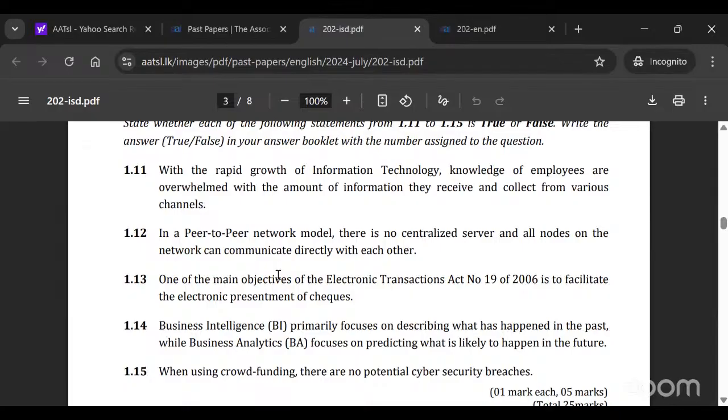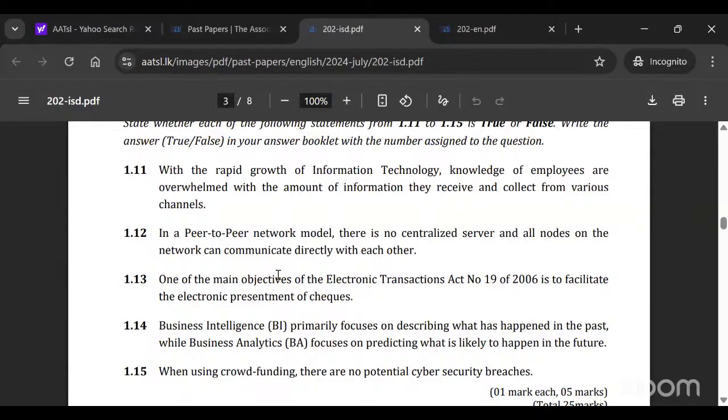114: Business intelligence, BI, primarily focuses on describing what has happened in the past, while business analytics, BA, focuses on predicting what is likely to happen in the future. Yes, business intelligence normally collects existing data, meaning what we have collected previously.